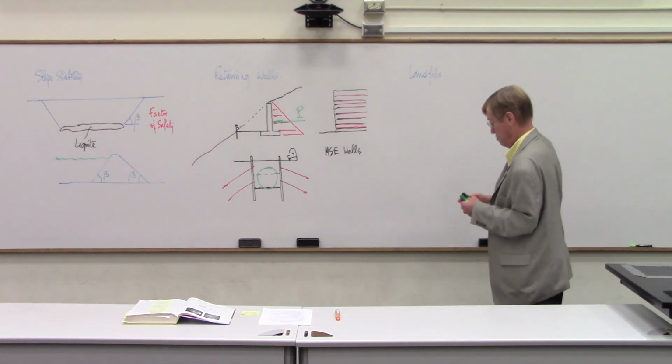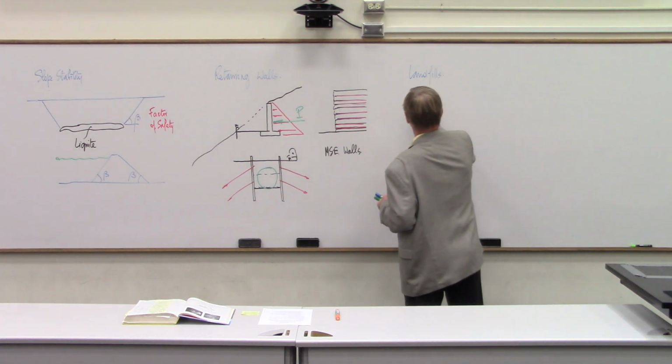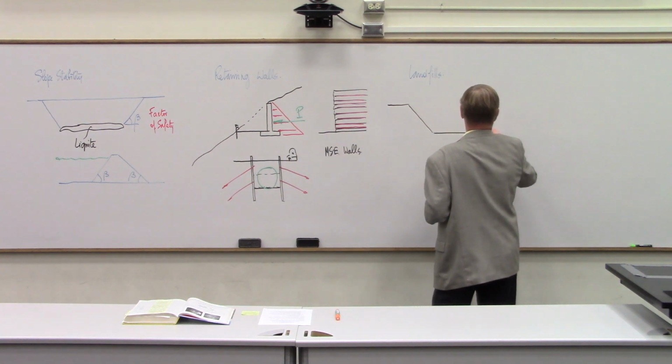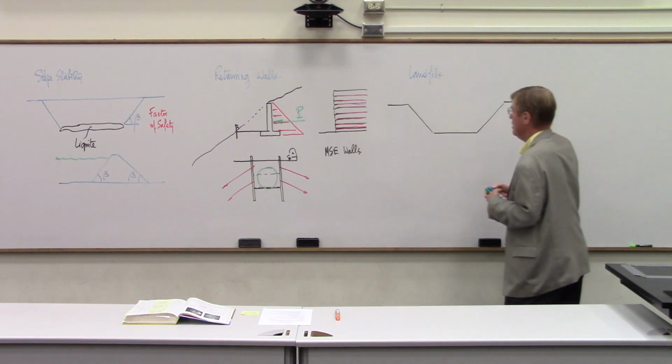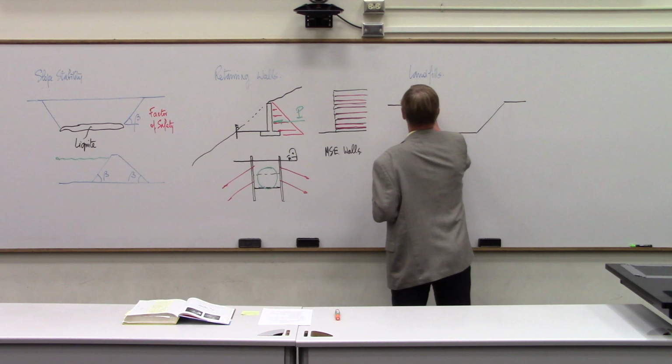We used to do it that way, but now you don't. You can't just dig a hole and put a lot of bad stuff in the hole. So what we do is we put a liner, right here.